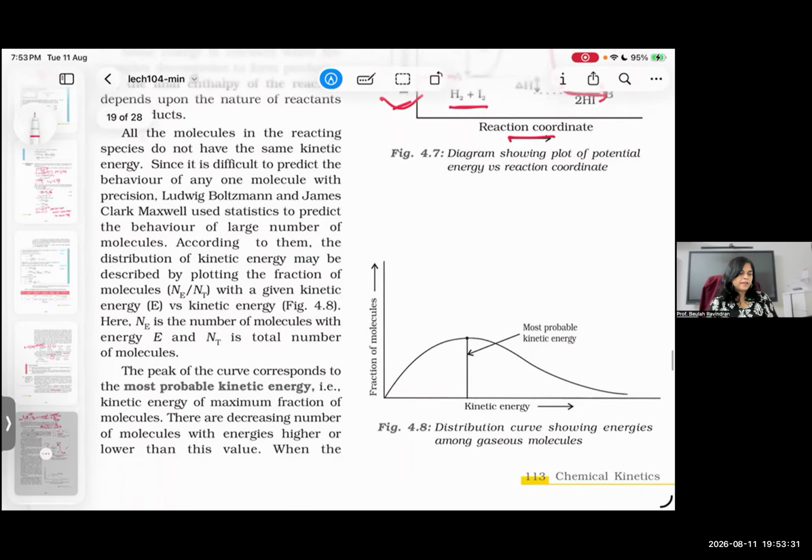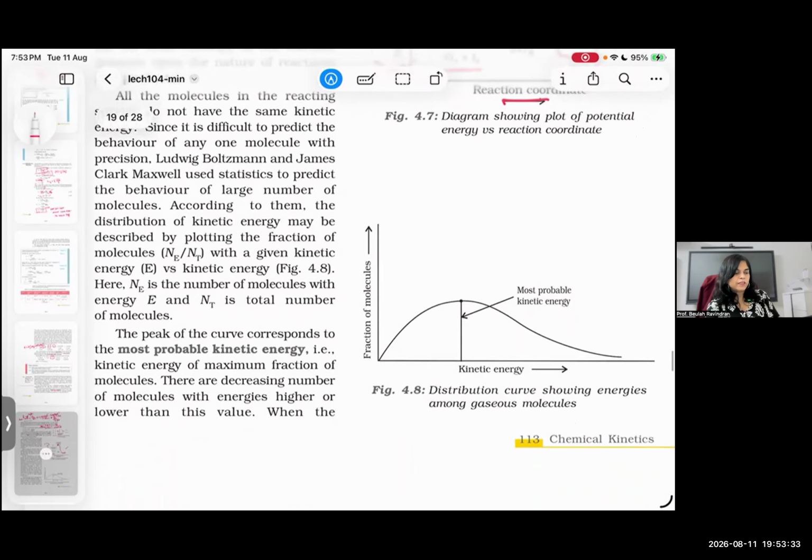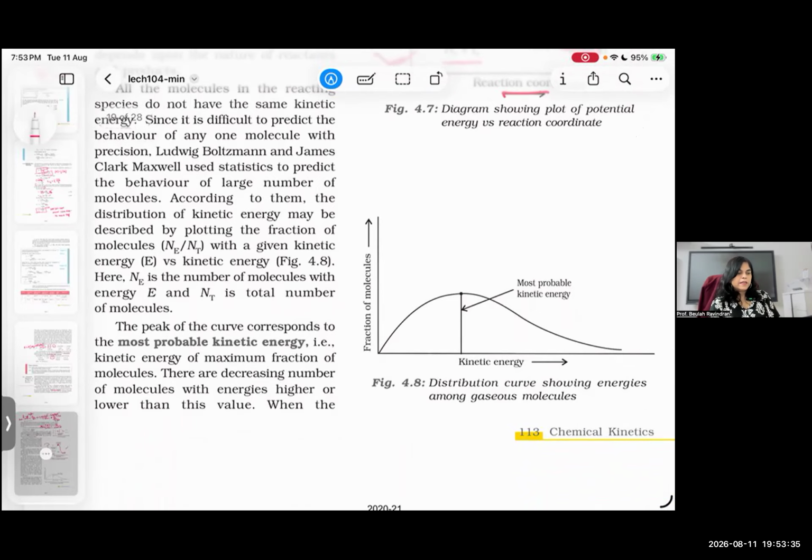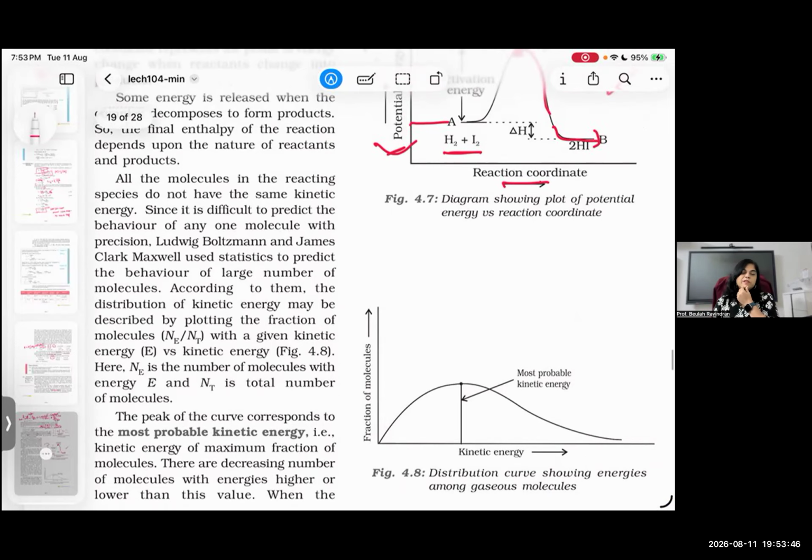Here the distribution of kinetic energy may be described by plotting the fraction of molecules N_E by N_T. See, all the molecules in the reacting species do not have the same kinetic energy. The reacting molecules are moving, and due to their motion there is kinetic energy.